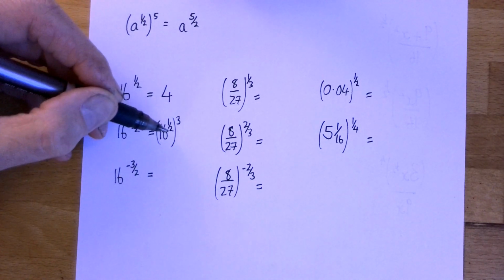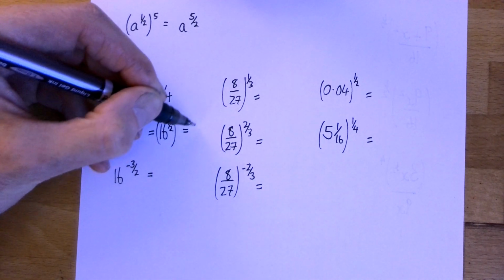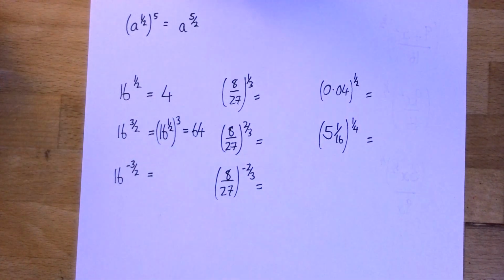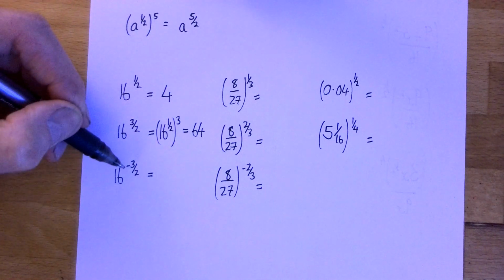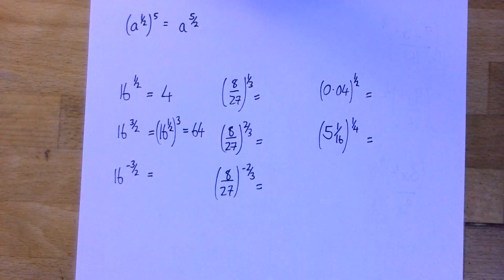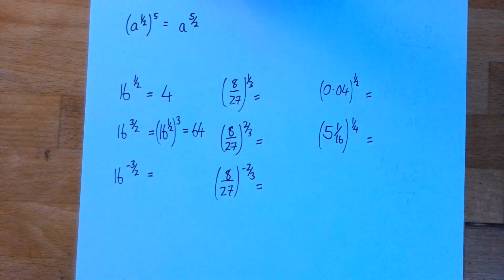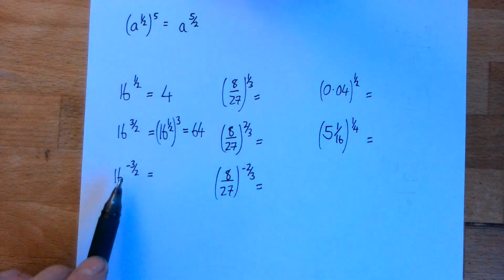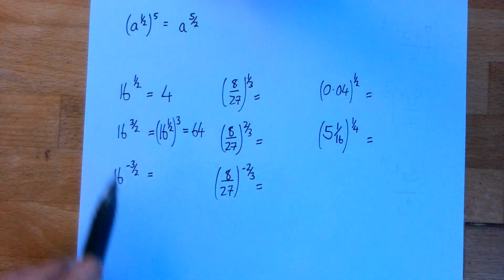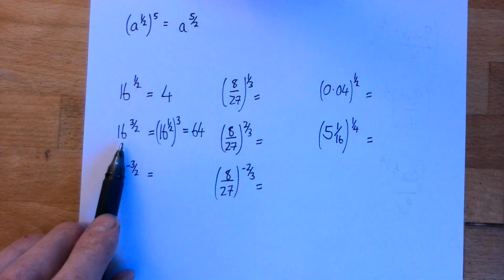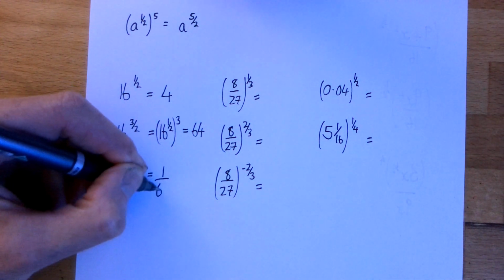So this thing in the brackets is 4. 4 cubed, 4 times 4 times 4, is 64. And then a negative index just means the reciprocal of the thing without the negative sign. So 16 to the power of minus 3 over 2 is just 1 over 16 to the power of 3 over 2.